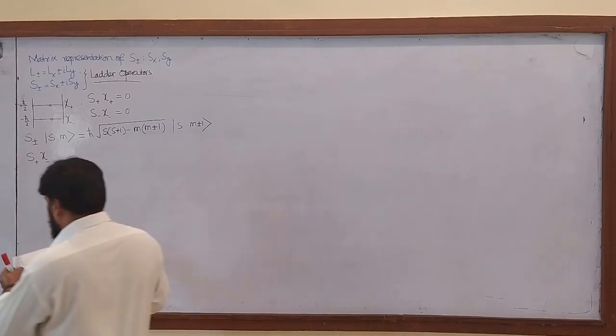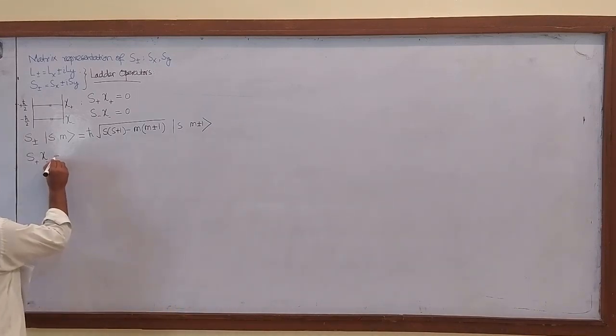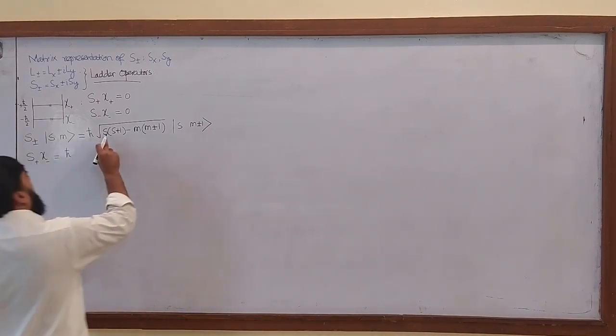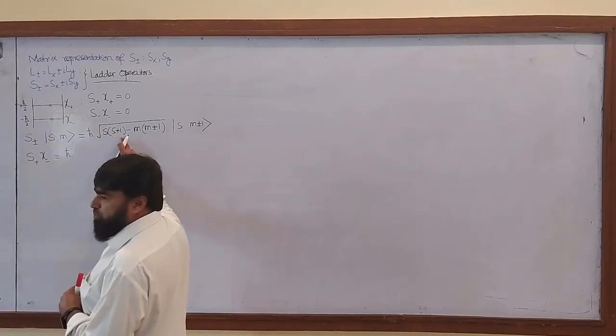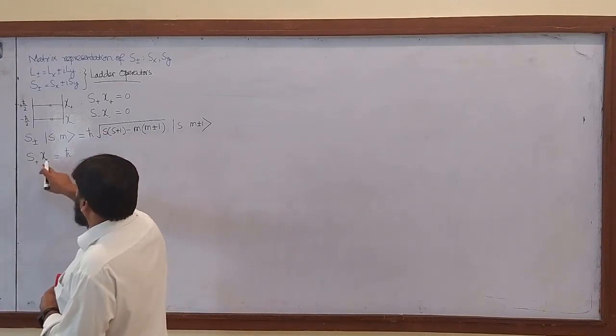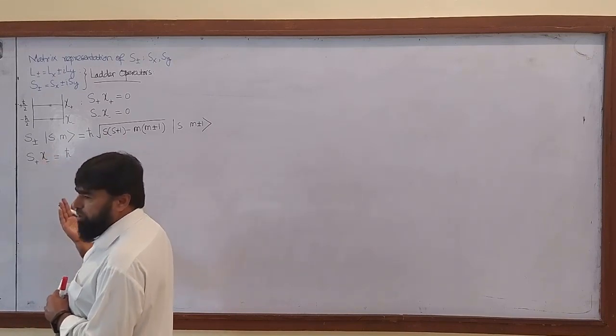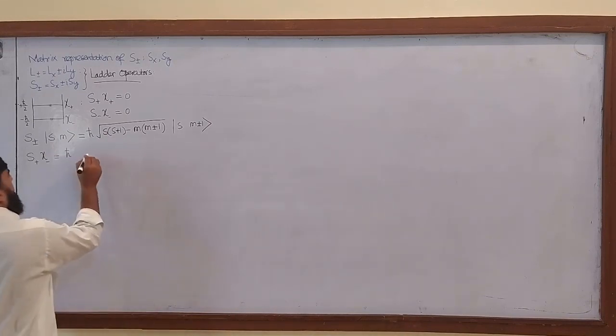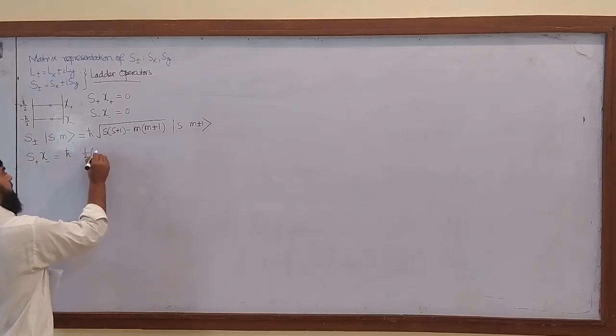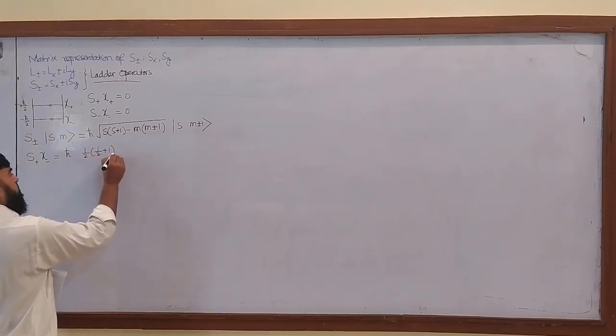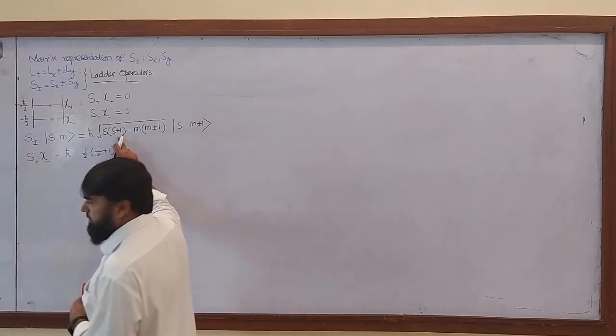And look here, this is equal to h bar times the square root of s into s plus 1. S in this situation, whether it is chi plus or chi minus, is equal to half. So it will be half into half plus 1. This is for s.